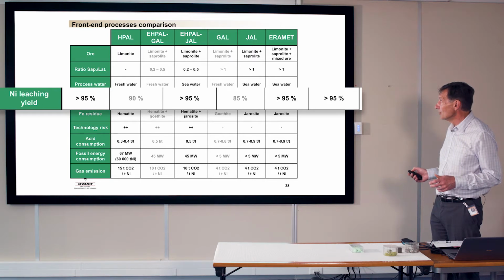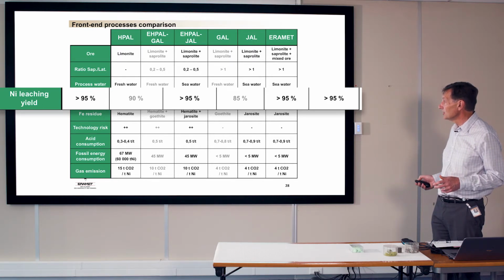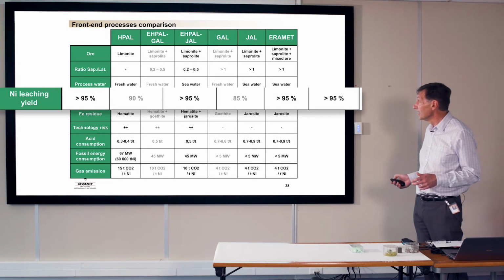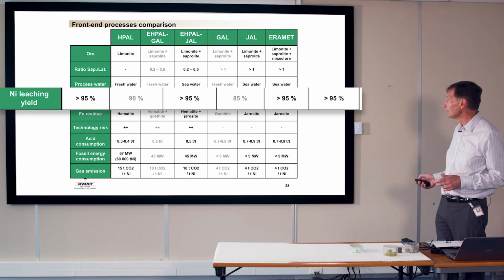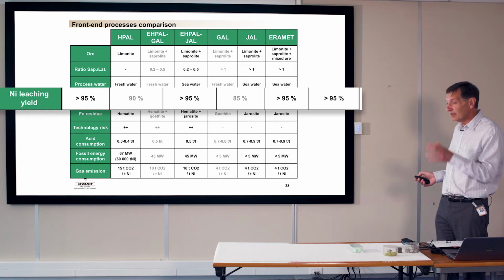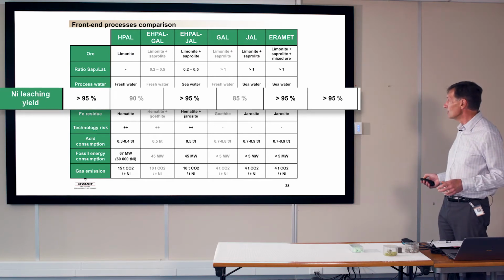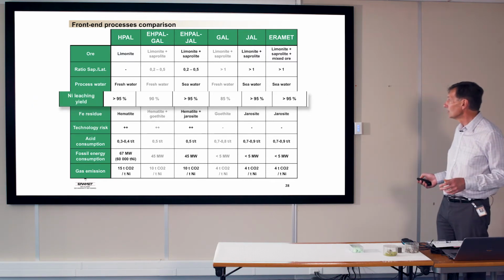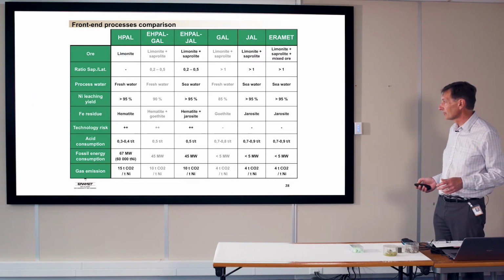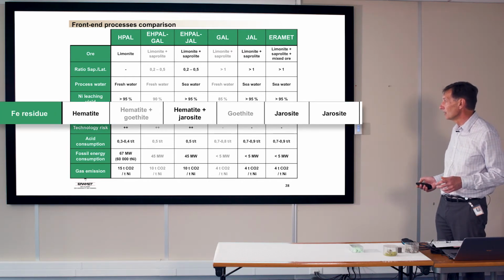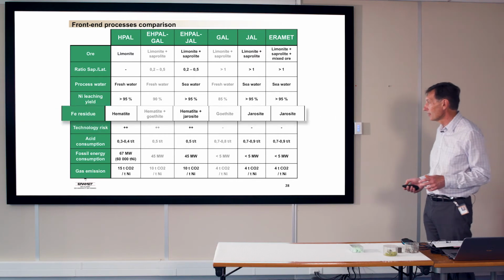If you use goethite acid leaching at low pressure, you see you decrease to the level of 85% the nickel yield. But when you precipitate iron as jarosite, at higher acidity, you increase the nickel leaching yield to the level of 95%. Iron residue is quite different: hematite, goethite or jarosite, depending on the processes.